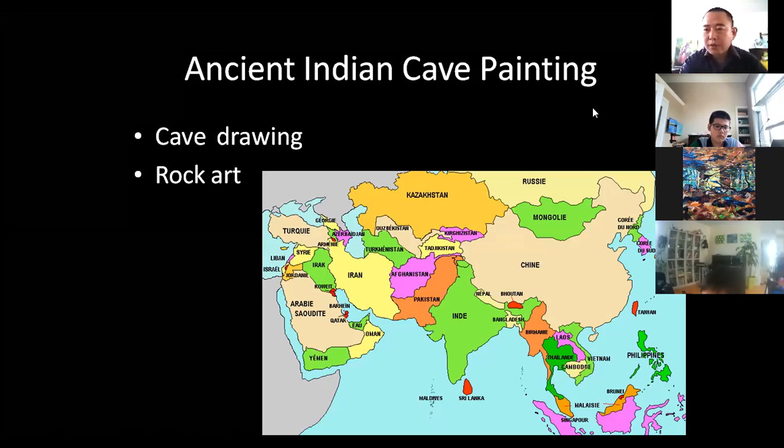India is an Asian country. It is surrounded by Pakistan, Nepal, Bangladesh, Sri Lanka, and also China. This is a very great country, very mesmerizing.